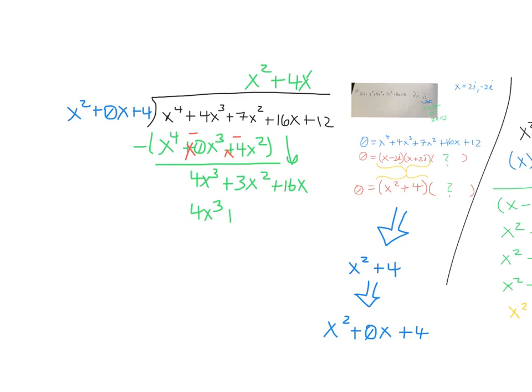Well, that's going to give me plus 0x squared. Then I have 4 times positive 4x, and that's going to give me plus 16x. And then we subtract this whole thing, which really just, again, changes the sign of everything.